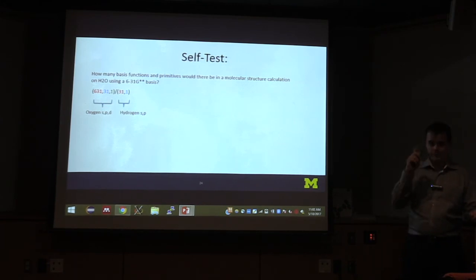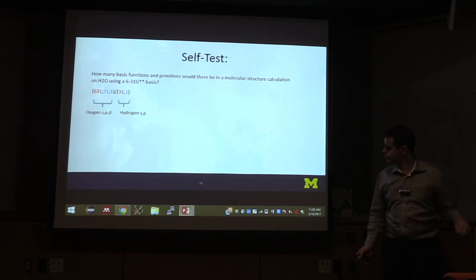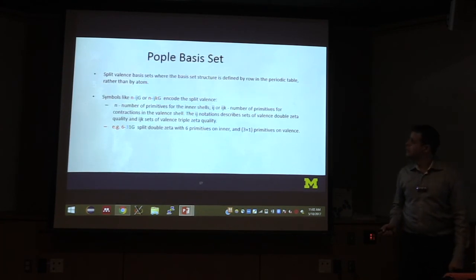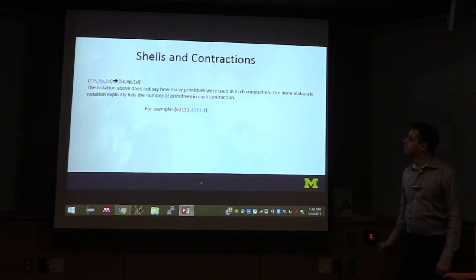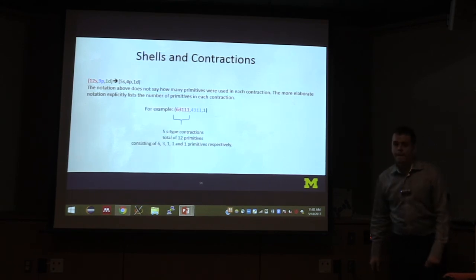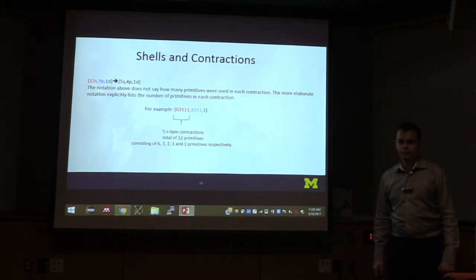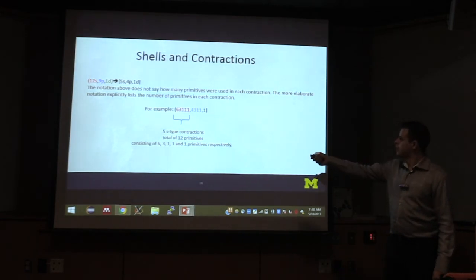Any questions? Here. Can we go to the shells and contractions, please? Oh, actually, that's the one. My question was, why were there fewer CGTOs as you went from the SP to the D? Yeah.